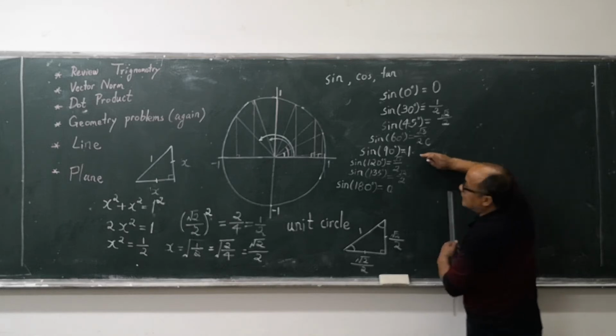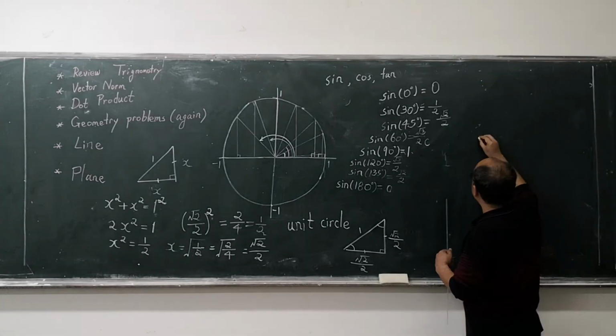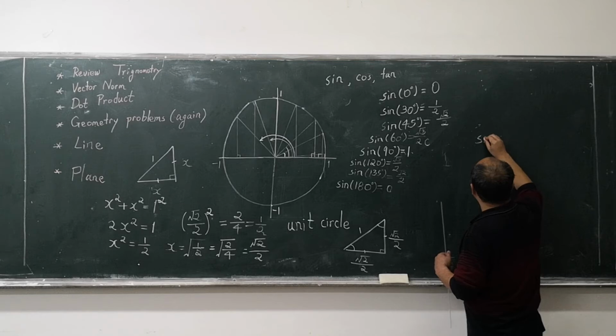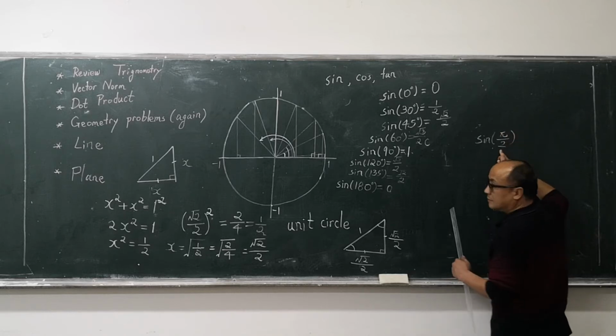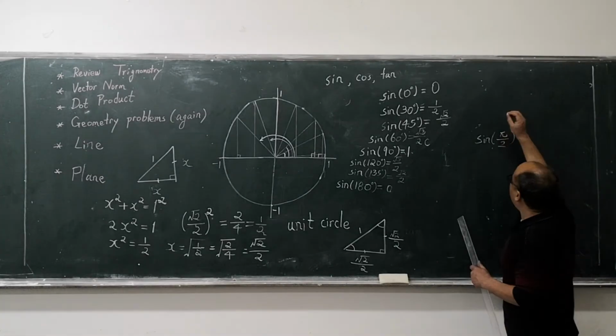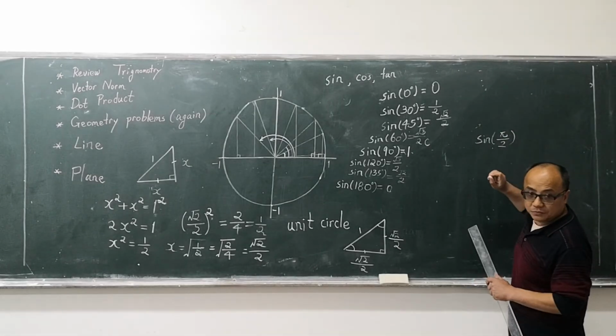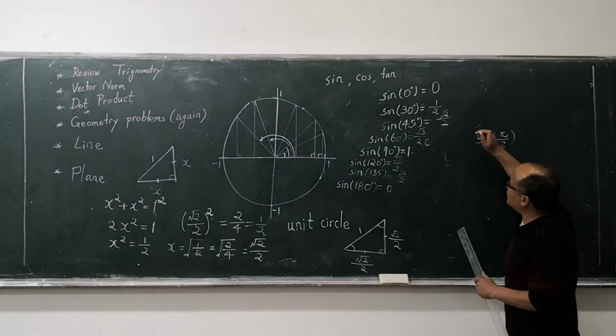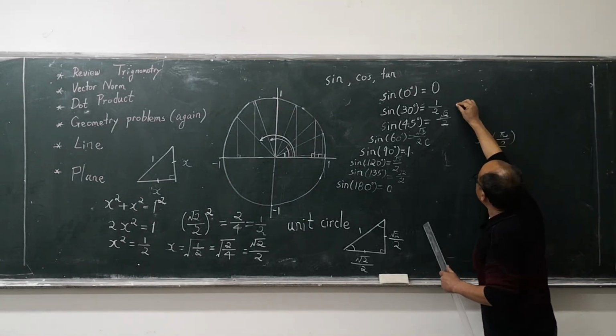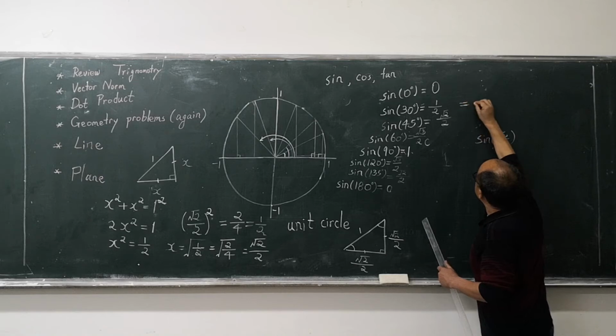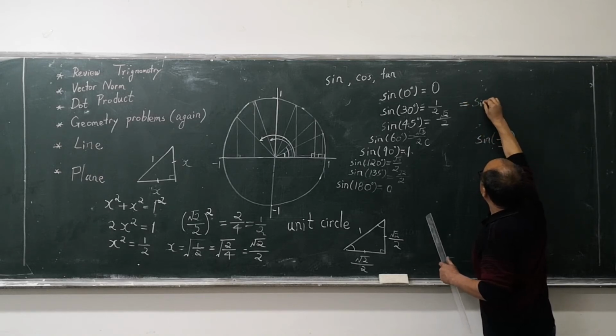Okay? 90 degree is pi over 2. And for example, for this is pi over 6.